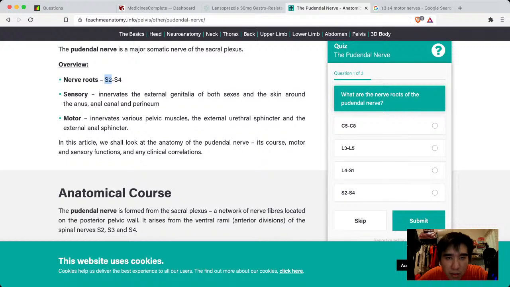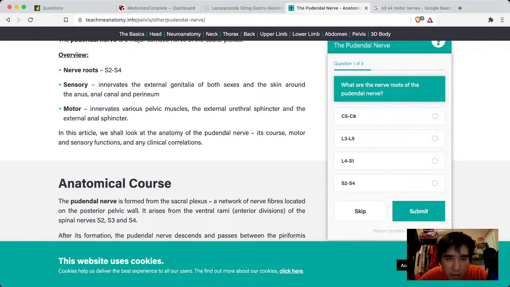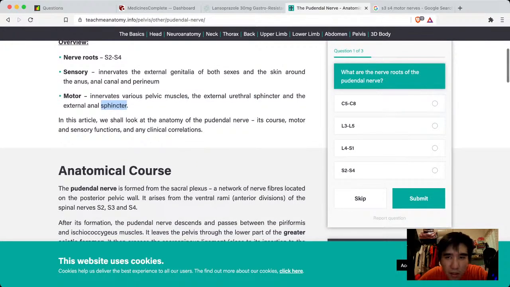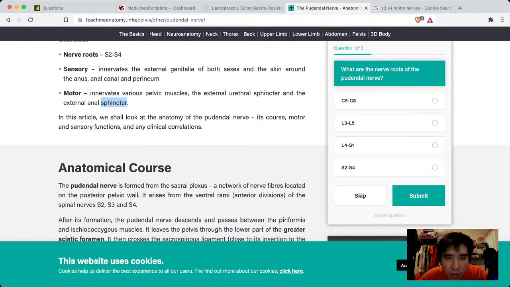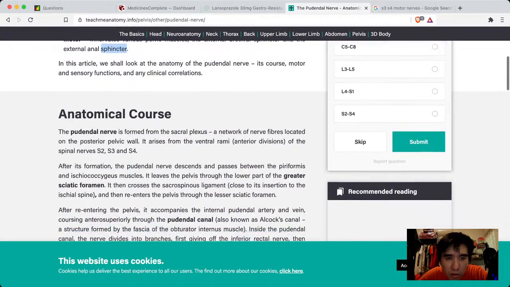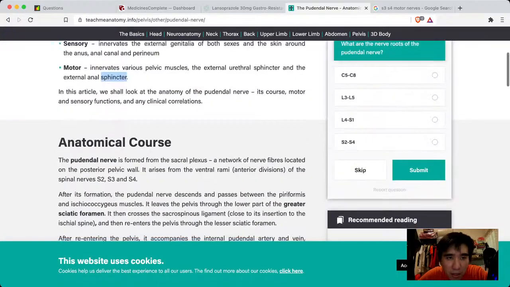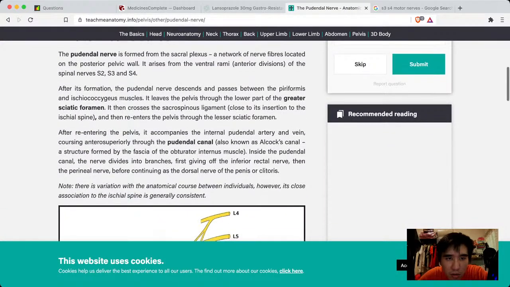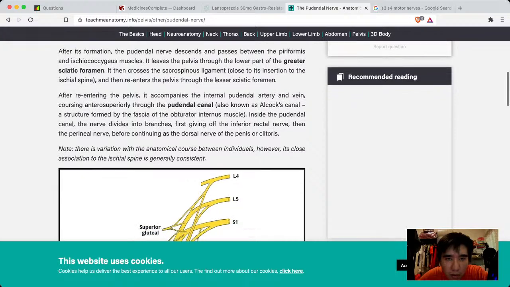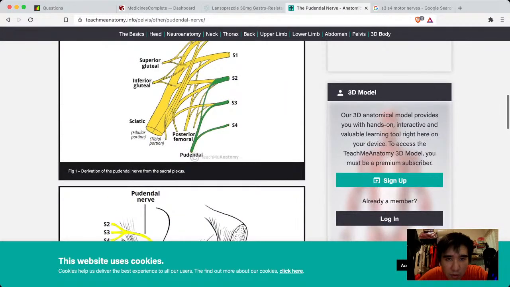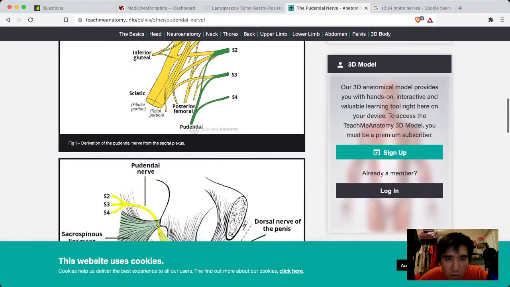It innervates the external genitalia in both sexes and the skin around the anus, anal canal, and perineum. Motor, it innervates various pelvic muscles, the external urethral sphincter, and external anal sphincter. In this article, we shall look at the anatomy of the pudendal nerve, its course, motor, and sensory functions. Anatomical course: through the foramen, pudendal canal. So S2, S3, S4 goes through the pudendal nerve.